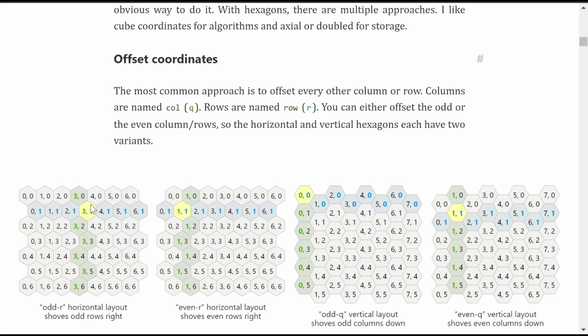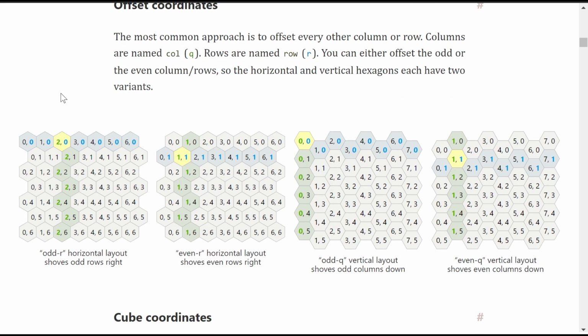There's a lot of ways to represent coordinate systems for hexagons in computer memory. These are natural things that people think of, but this article argues they're not very good for most of the things you might want to do with hexagons.